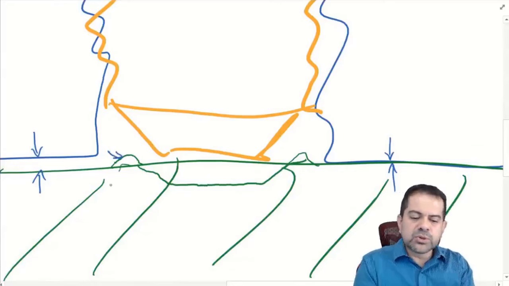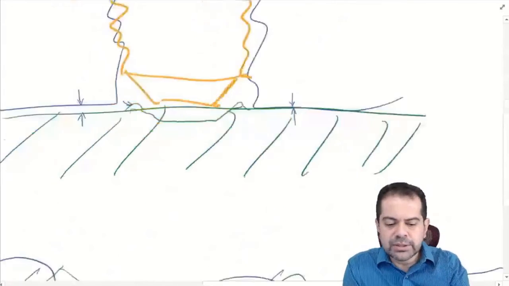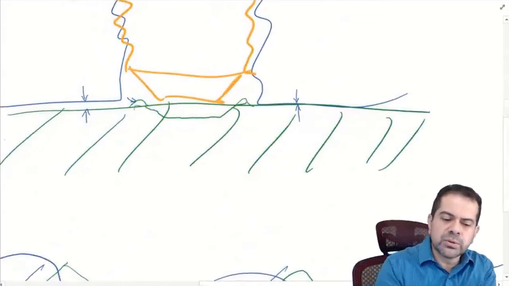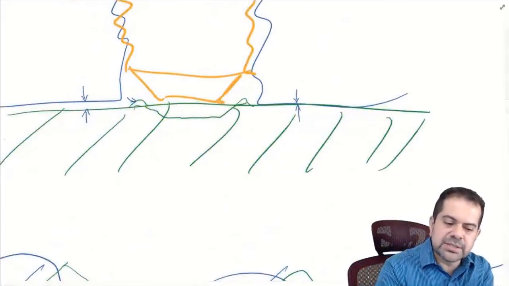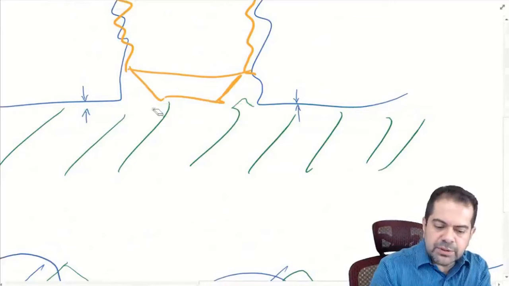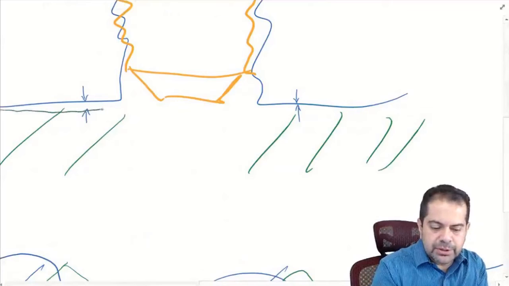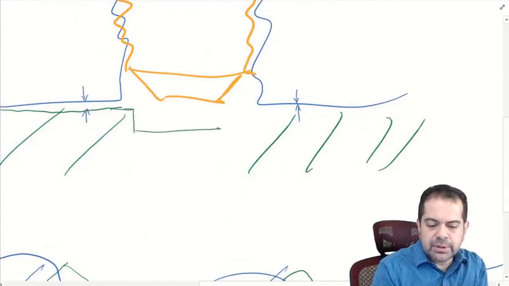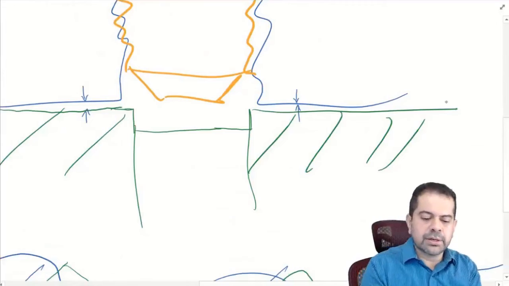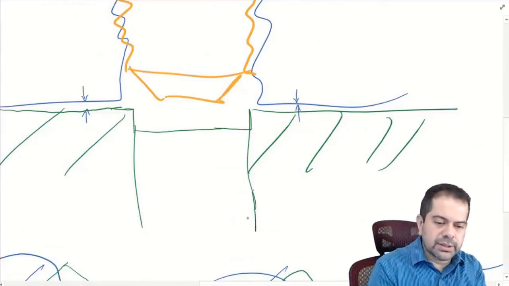So one way to avoid that, if that's an issue, would be to on purpose design a recess for the shaft at that location. So you would probably, or you could, have a step down right there, and then it looks something like this.